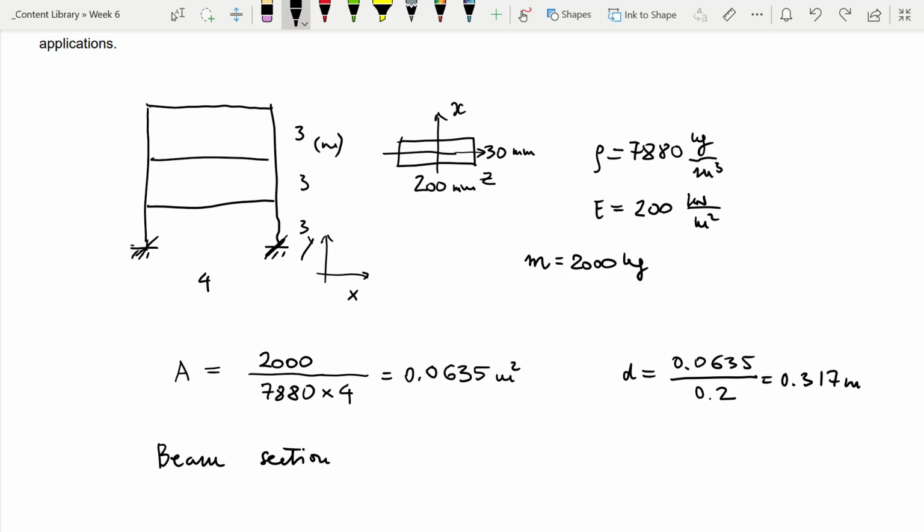So originally my beam was this one, 30 millimeter by 200, but now this has been added 317 millimeter. And so now the new depth for the beam is 347 millimeter.